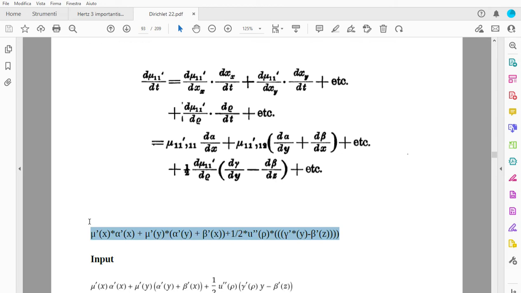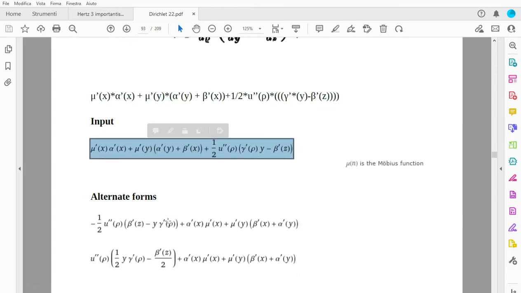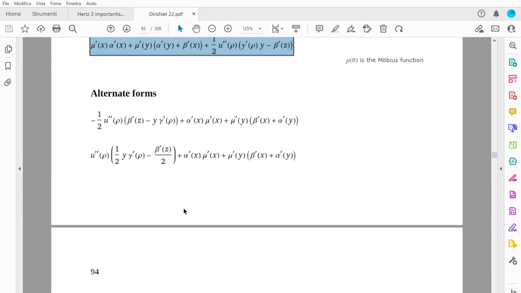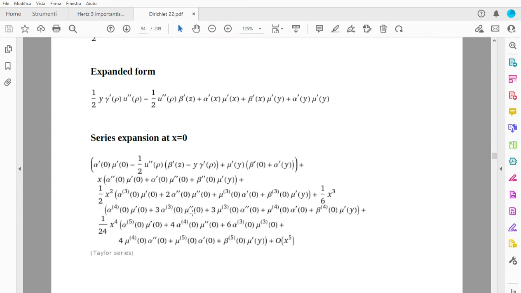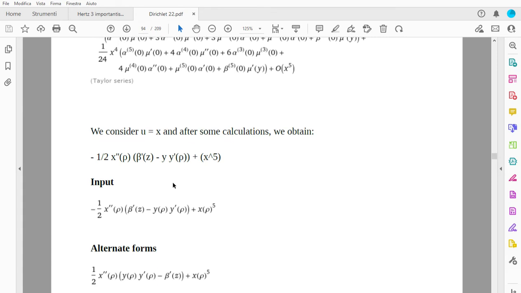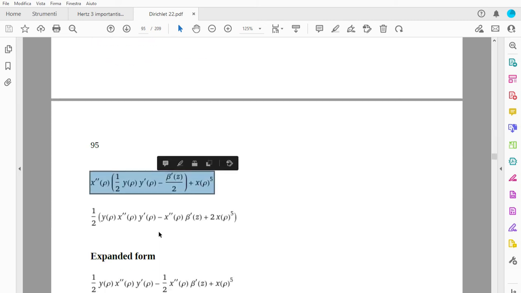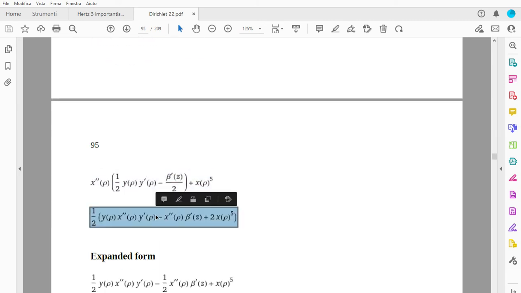This is the equivalent expression. This is the input, and also here alternate forms, expanded forms, and we consider u equal to x, and after some calculation we obtain these alternate forms 1, 2, 3.